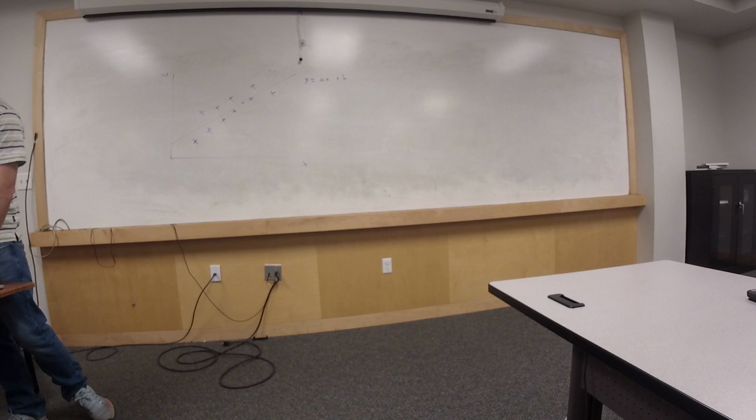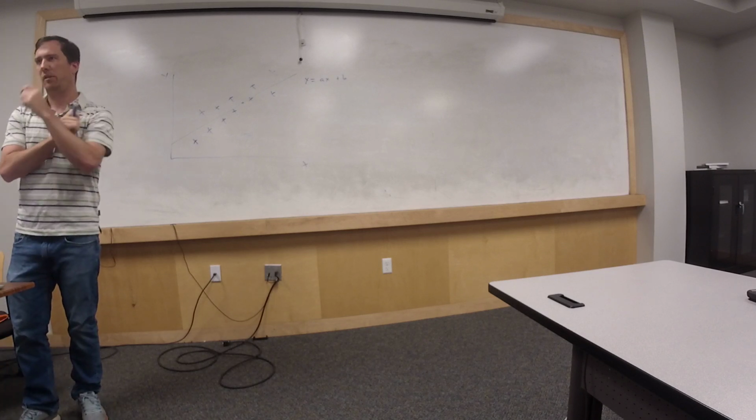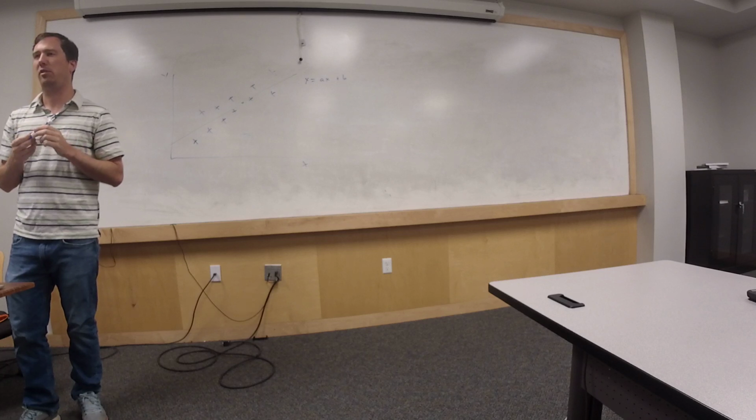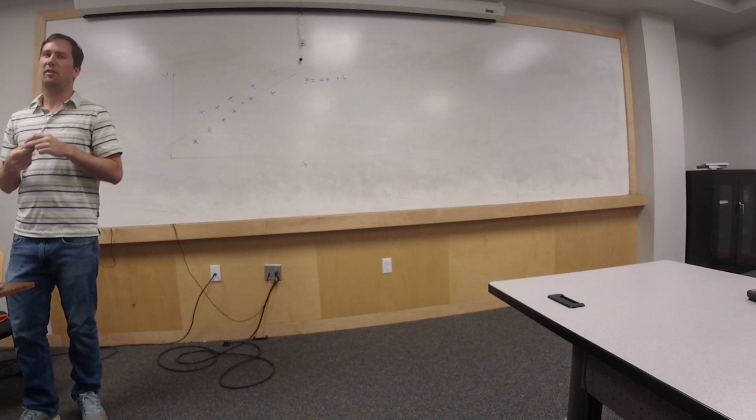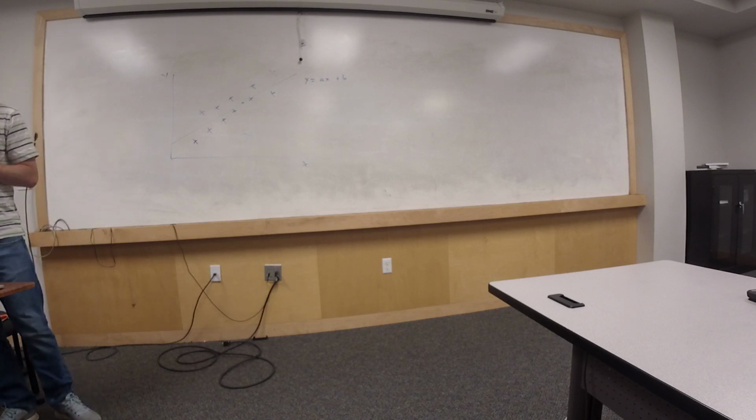We would obviously like to choose the best possible line. So we need some way of measuring how good our line is with our data, right? So that we can either make it better or conclude that it is the best that we could do. So how might we go about measuring how good of a line?